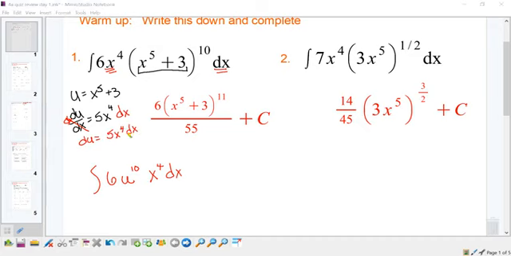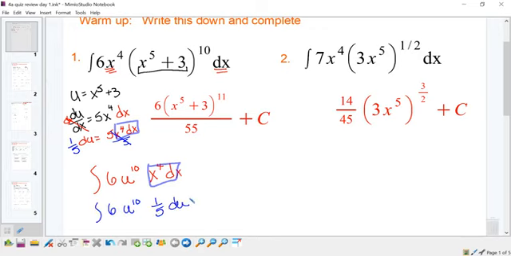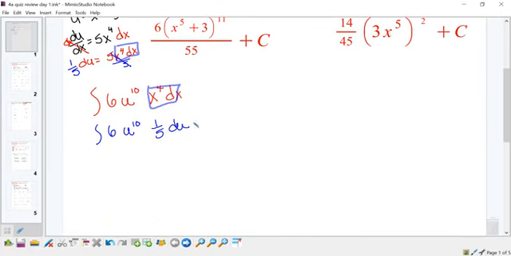So if I can match this here, let me divide by 5. 1/5 du can go in the place of x to the 4th dx. So 6 times 1/5 is the coefficient. Now I'm going to do the power rule.